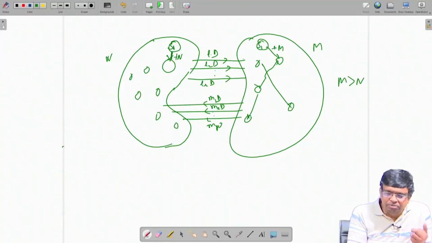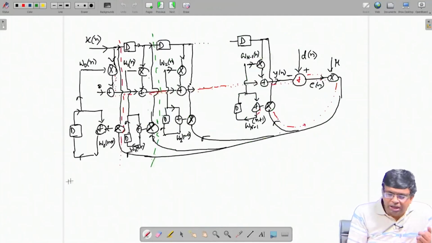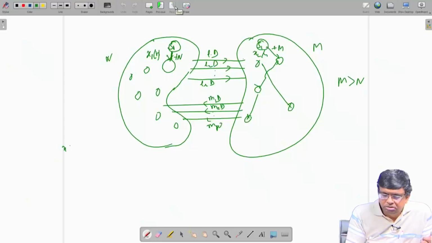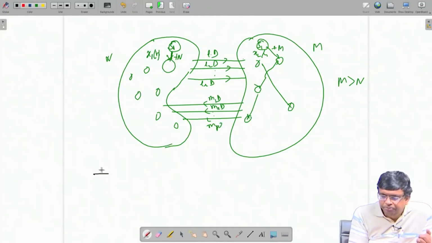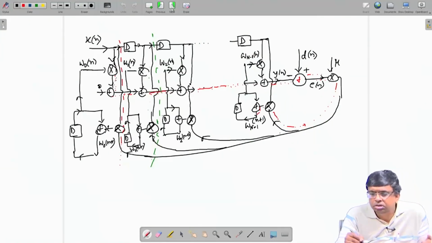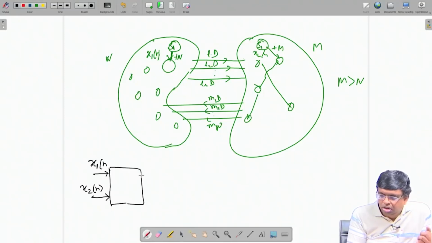That is, if there are two signals, say x1(n) here and x2(n) here, we have a system that is taking two signals and generating various outputs. Every node output is an output, right.